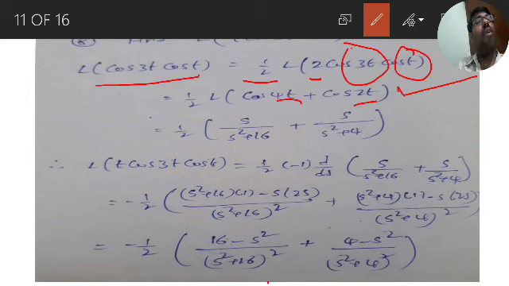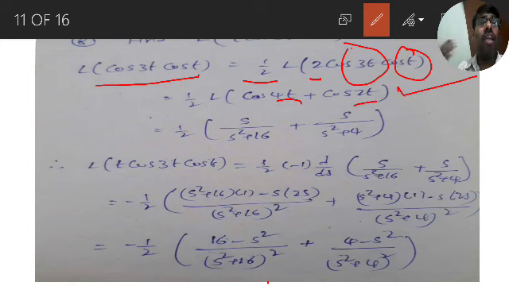Now we came to multiplication by t power n, in that, multiplication by t and multiplication by t square. So many concepts, but in every concept, what is coming? The standard formulae. So be careful about the formulas. You have to learn them so that you can recall them at any point of time. I'm getting L of cos at here.